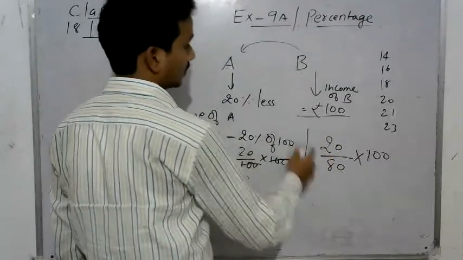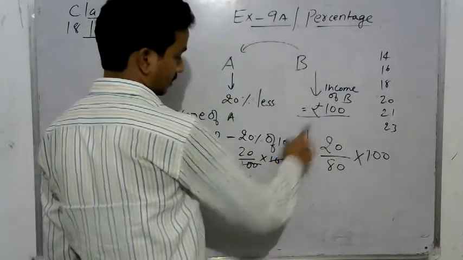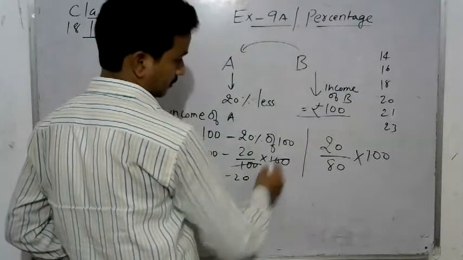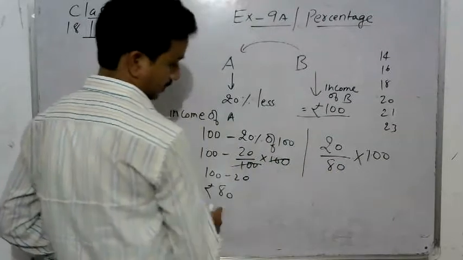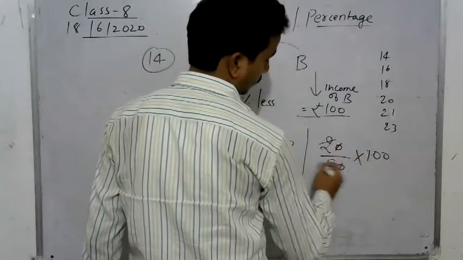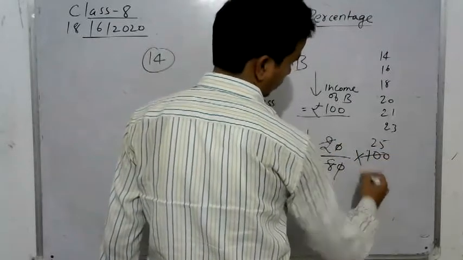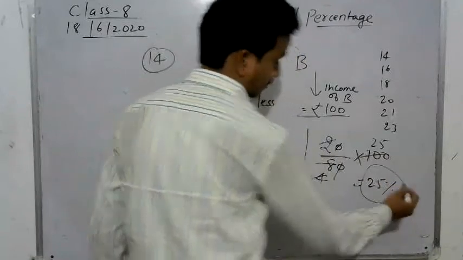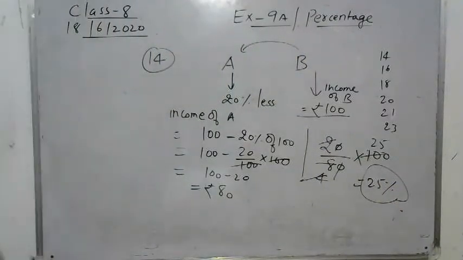B's income is more than A by 20 out of 80, into 100. Now 4 twos are 20 and 4 twentys are 80, and 4 times 25 is 100. So 25% will be the answer. Now let's discuss another problem.